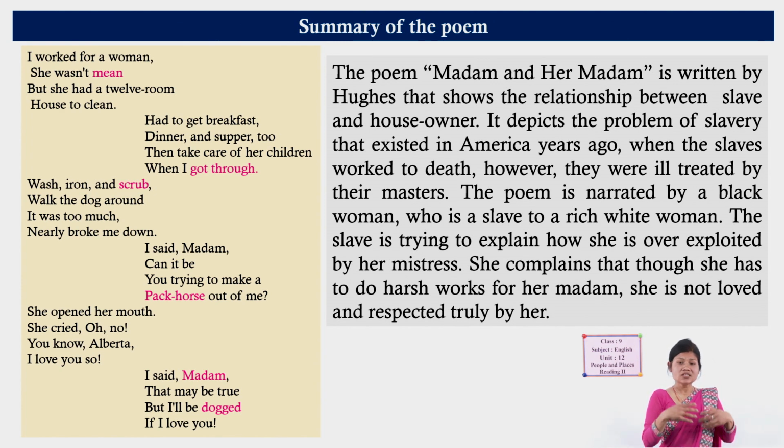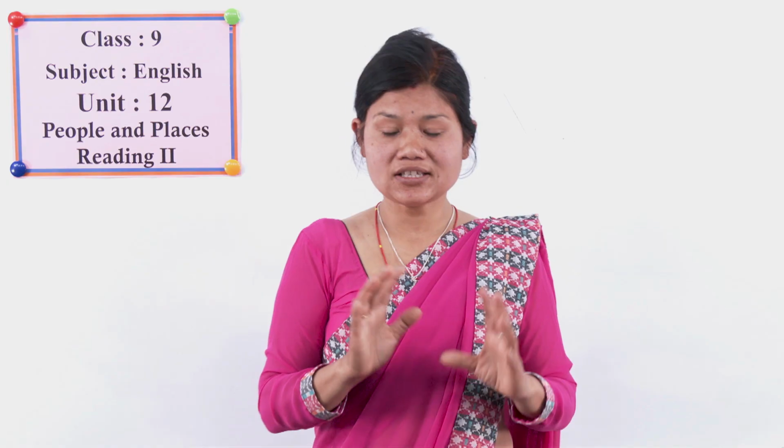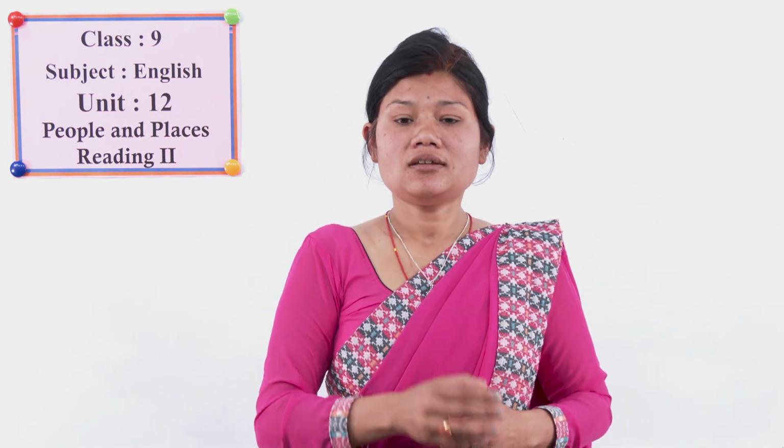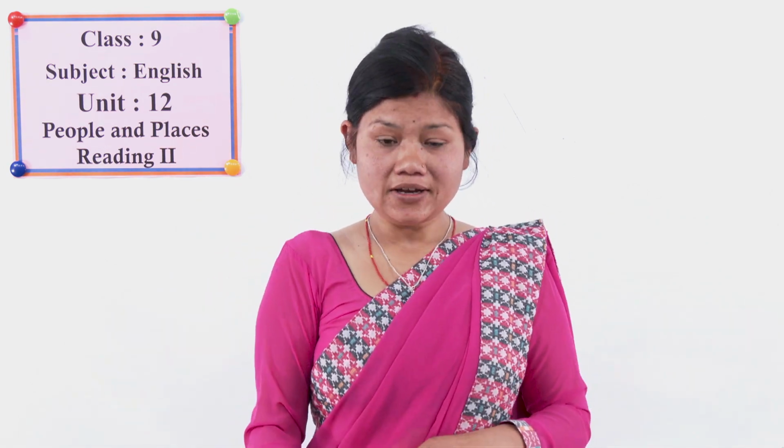Though in her speech her madam often says, I love you so much, that is not found in her behavior. There is a gap between what she says and what she does. So, this is the summary. In short, this is how we can describe the poem.